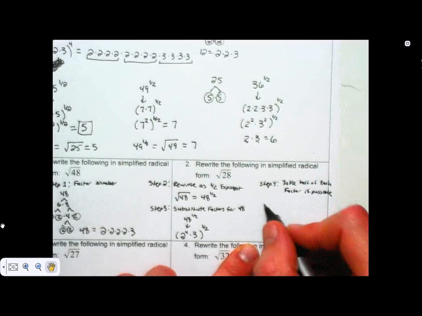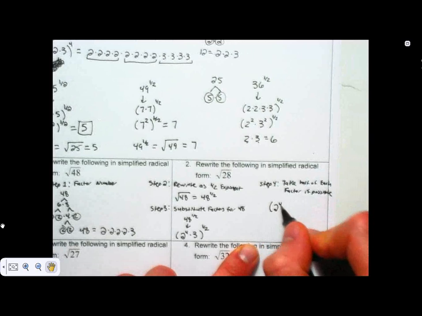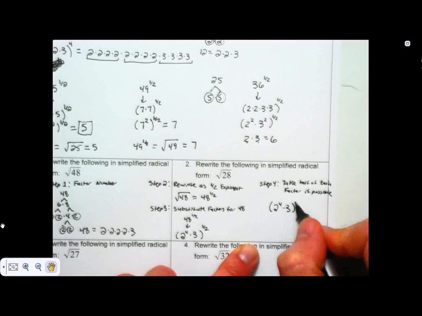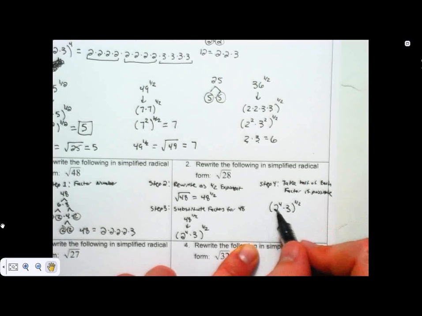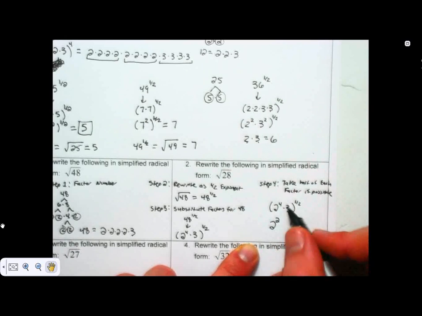So we've got 2 to the 4th times 3 to the 1/2 power, and I want to take half of each of the factors. So I've got 4 factors of 2. If I take half of those 4 factors, that leaves me with 2 factors of 2. And now I've got a problem. I can't take half the factors of 3 because I only have 1 factor of 3.